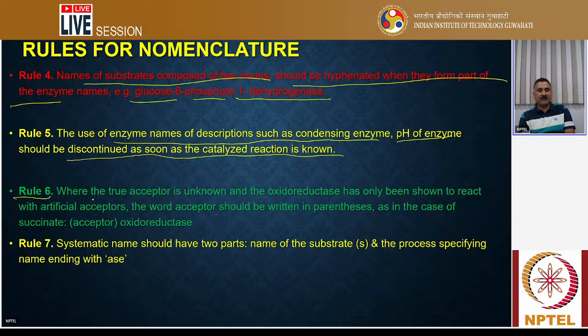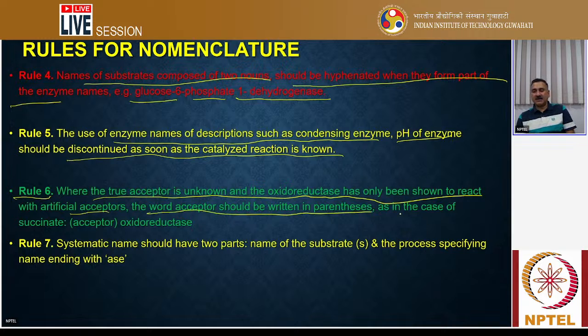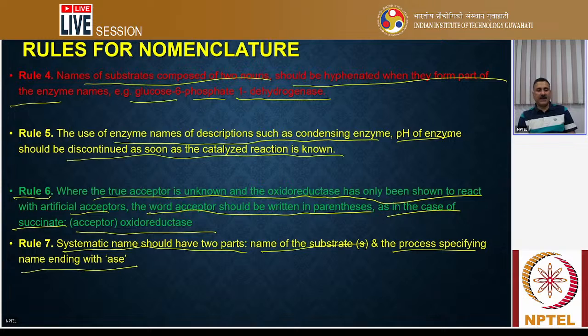Rule 6: where the true acceptor is unknown and the oxidoreductase has only been shown to react with an artificial acceptor, the word acceptor should be written in parentheses, as in succinate (acceptor) oxidoreductase. Rule 7: the systematic name should have two parts, the name of the substrate and the process, ending with "ase".